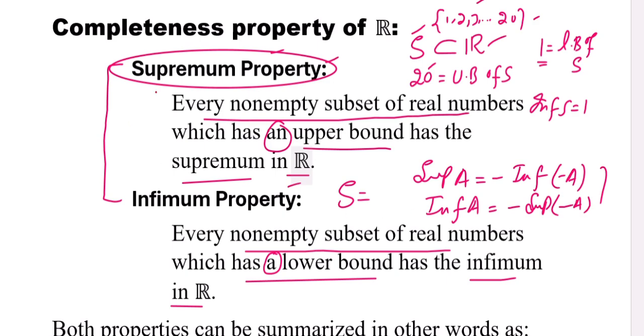So that's why if the supremum property holds in the set of real numbers R, then automatically the infimum property also holds. That's why there is no need to separately verify whether the supremum and the infimum property hold or not. If one of the properties holds, then we will say that this set has the completeness property of R.